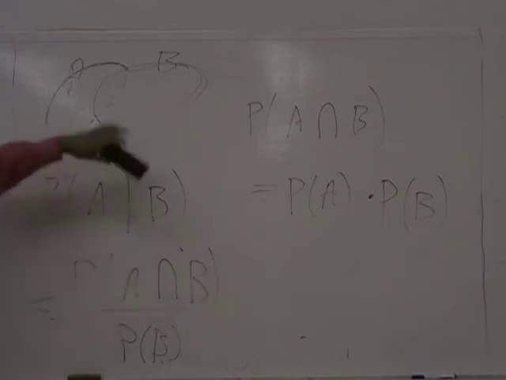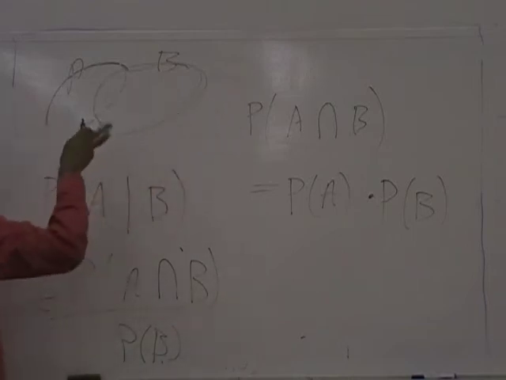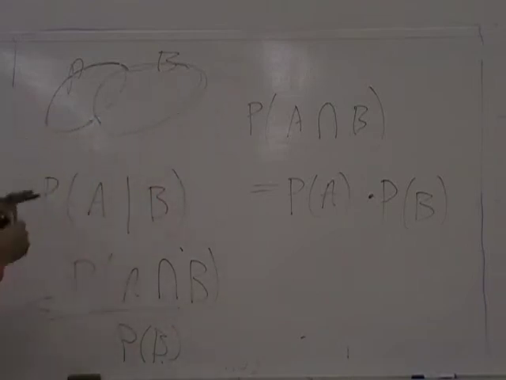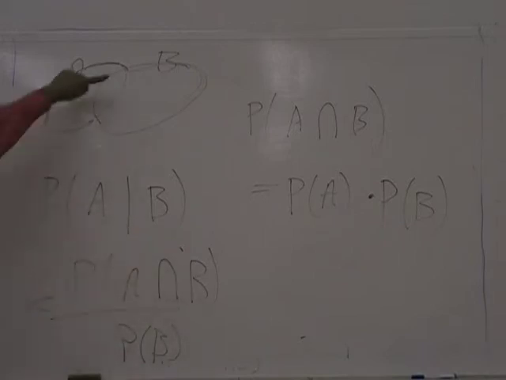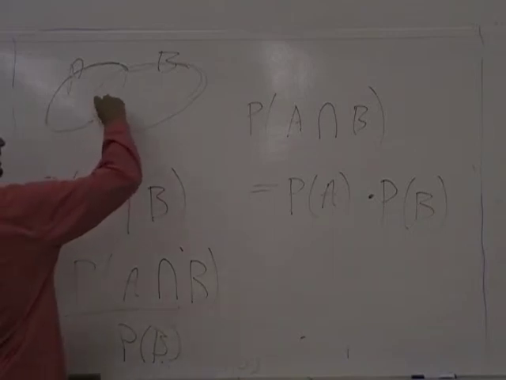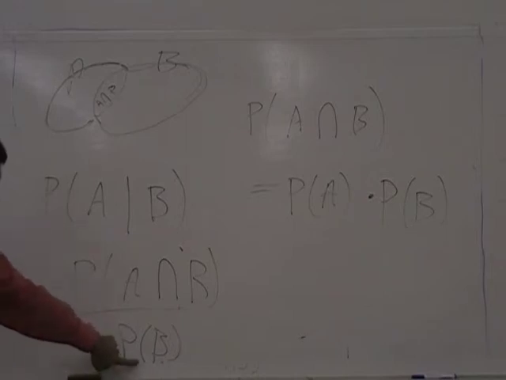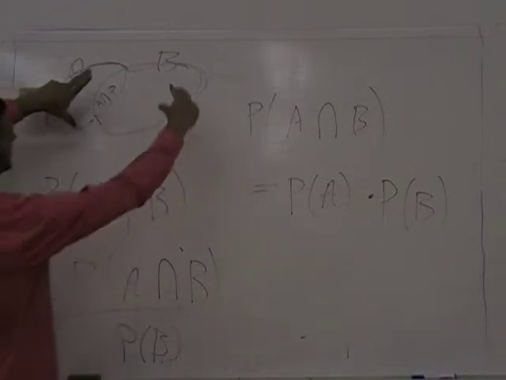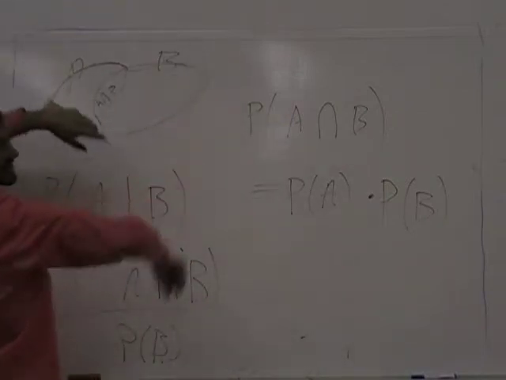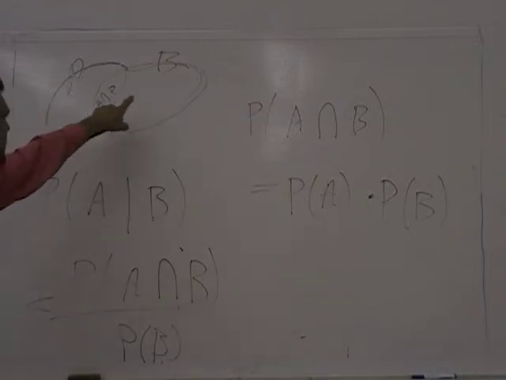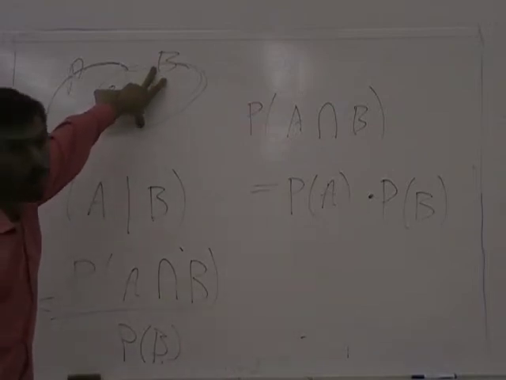So, we have a picture here that can show part of this. The probability of the intersection. That's the probability here, A intersect B. And we divide by the probability of B. That's a larger set. But this is not 1.